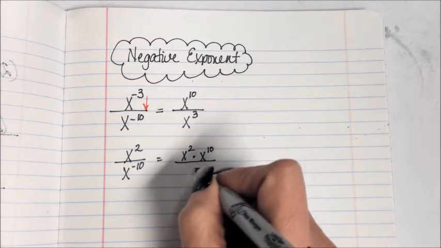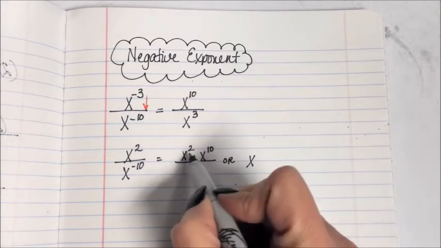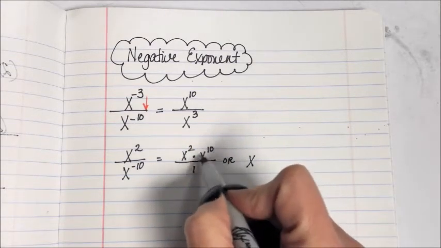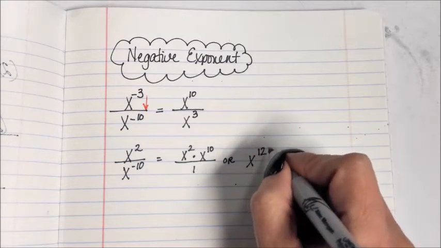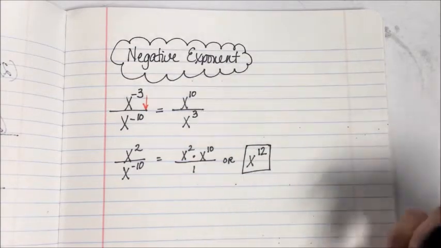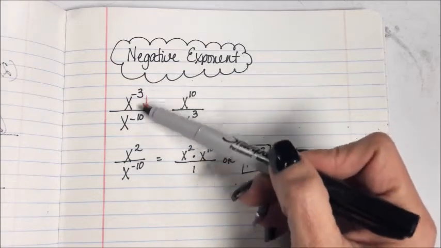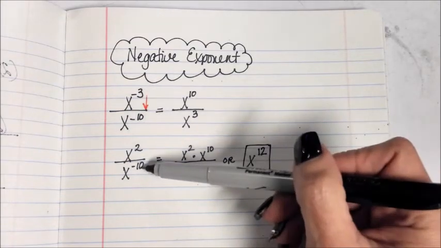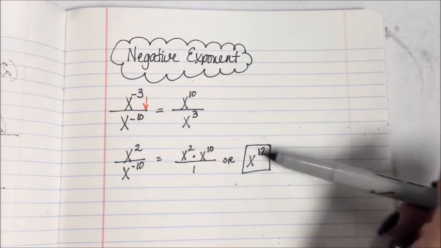And it would all be over 1, or I could just say 2 x's here and 10 here. 2 plus 10 would be 12. Now you're probably going, why didn't you simplify that one up there? I will, but I just wanted to show you that it's just in the wrong spot. Negative 10 in the wrong spot, so I simply move it to the top, and then I simplify.